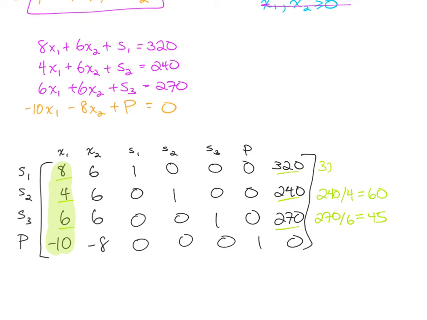And 320 divided by 8 is 40. We pick the smallest one of those. The pivot element in this example is here, the 8. And again, if you go straight up, you'll know the entering variable, so x1 will enter. And if you go straight left from that pivot element, the exiting variable will be s1.